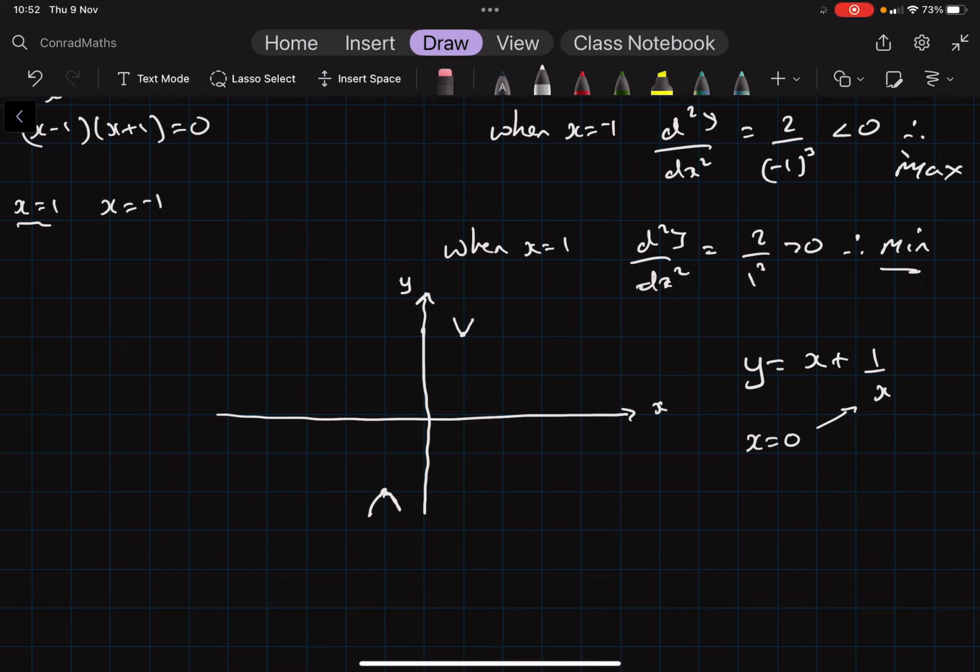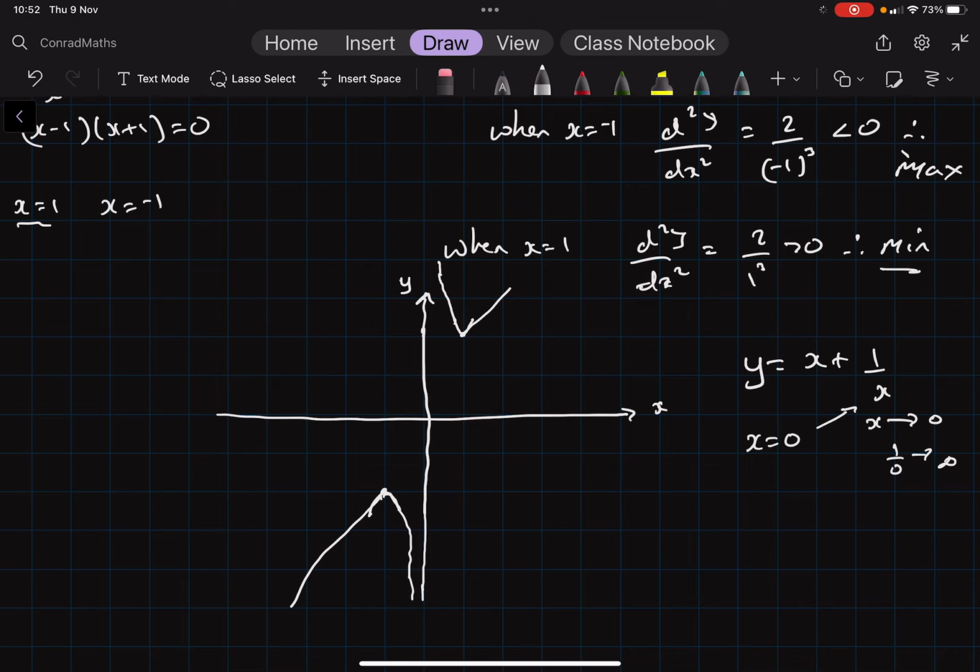So as x tends towards 0, the y value 1 over 0 tends towards infinity. So as we get small values of x there, we have an asymptote, and then we can see it looks like that.